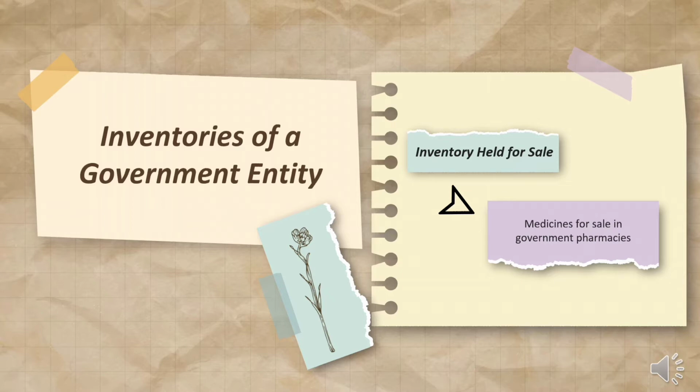And other examples could be, if your business sells cars or shoes, then the cars or shoes you sell during your main operations are the inventory of your business.